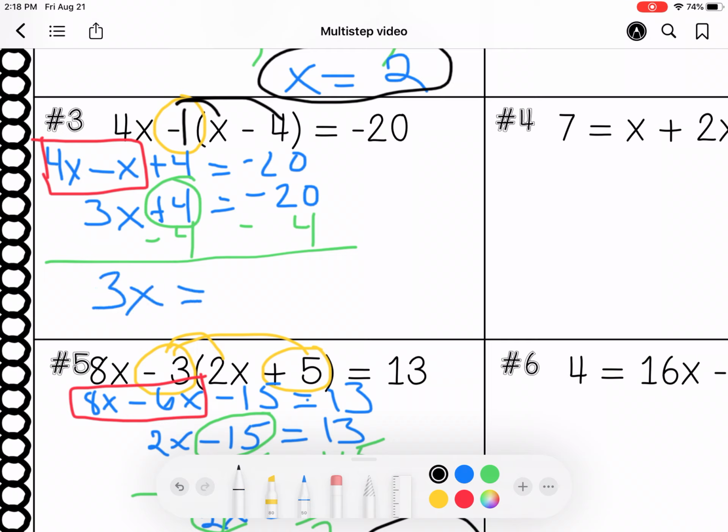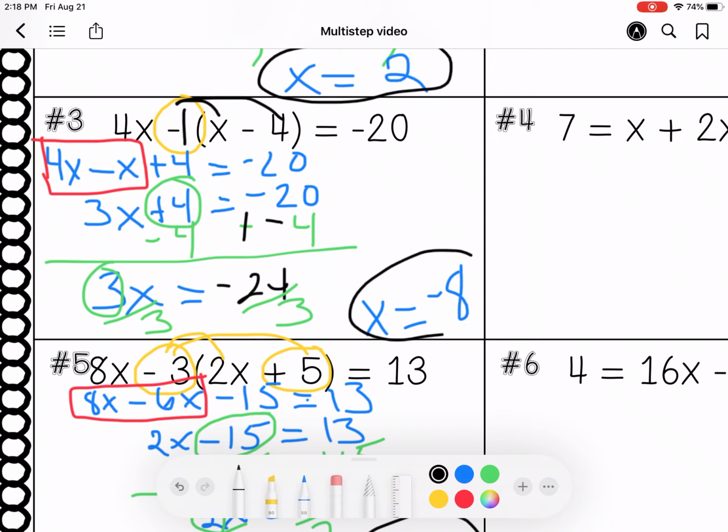Remember now, since I'm subtracting 4 from negative 20, I add the opposite, so I get negative 24. My last step is to identify my coefficient and divide by it. So what am I left with? I'm left with x is equal to negative 24 divided by 3, which gives me negative 8. And that is my final answer.